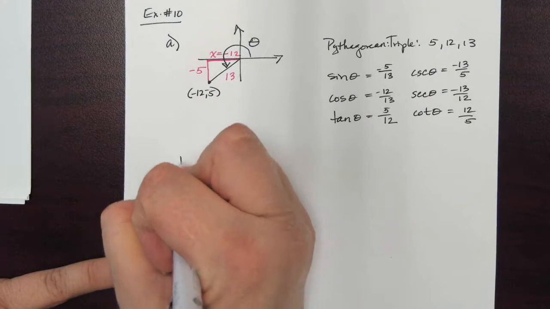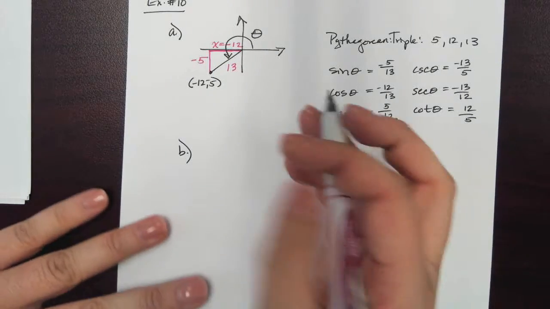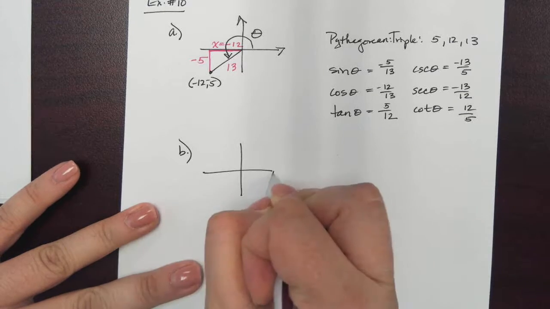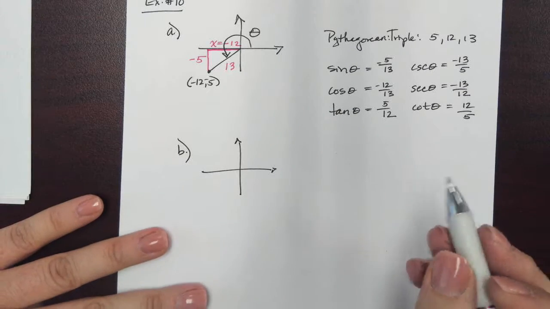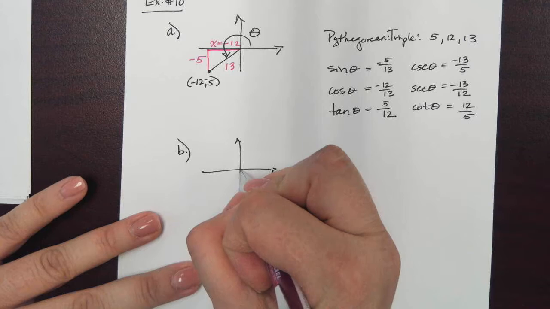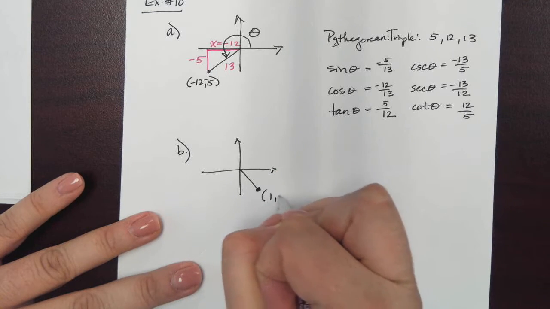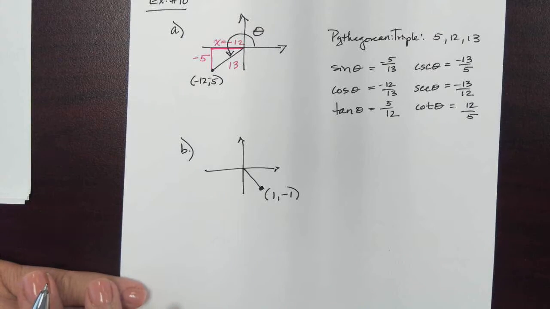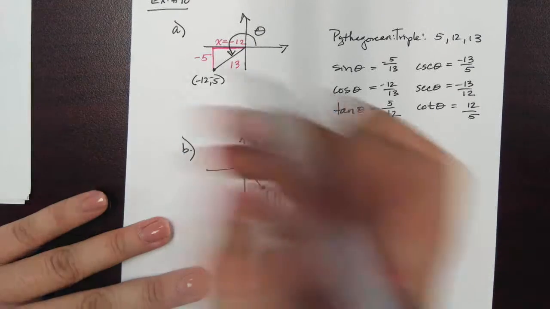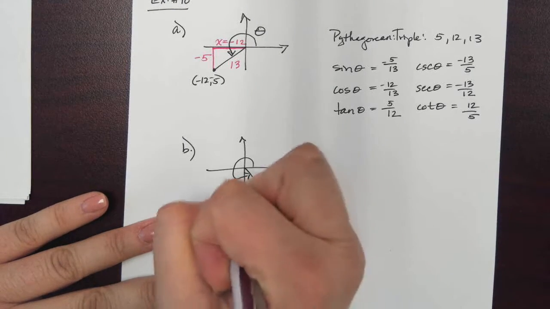Part B of this problem gave me a different point. It drew a point in the fourth quadrant, and its coordinates are 1, negative 1. And theta is obviously right here.